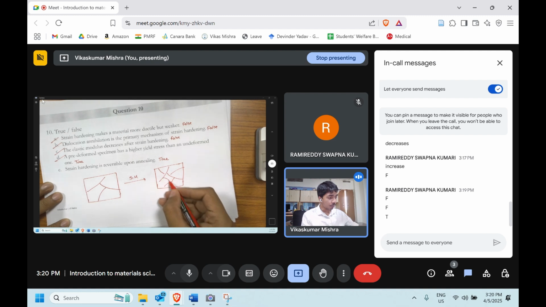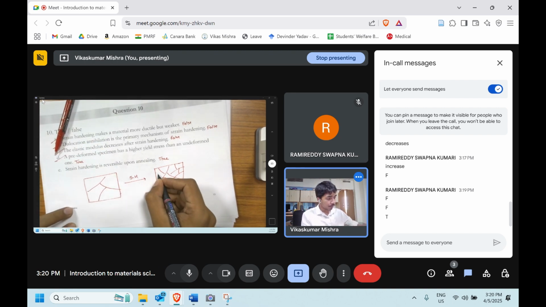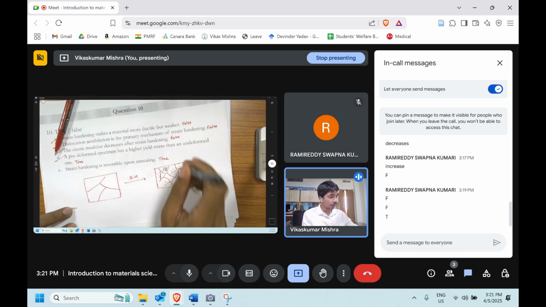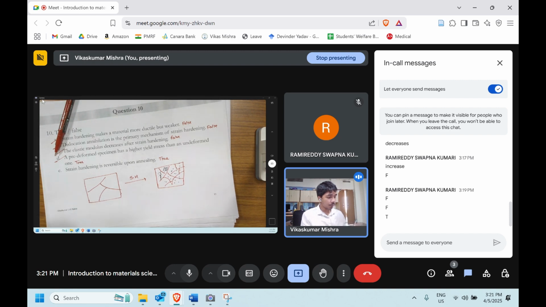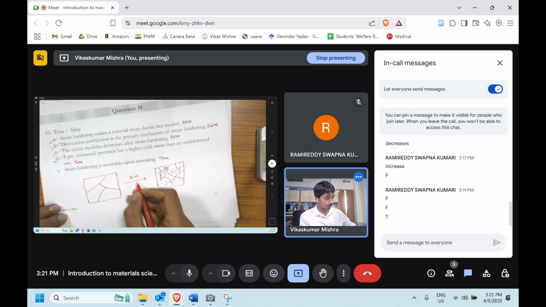It will become finer and finer, and also the dislocations will be created, and that too a lot of them. Along with that, a lot of point defects will be created. So this is what happens when we do the strain hardening.